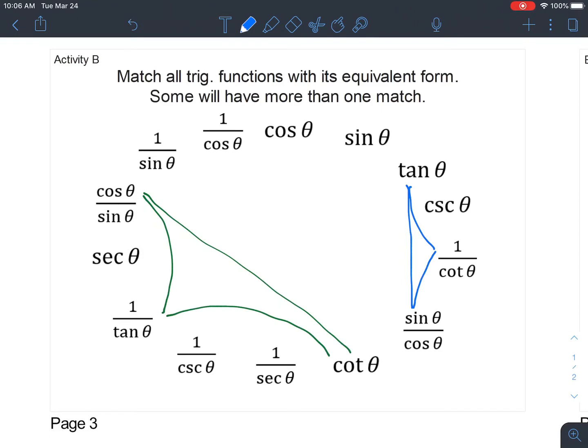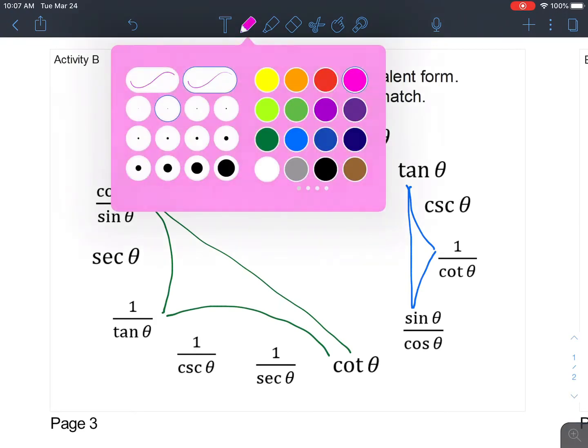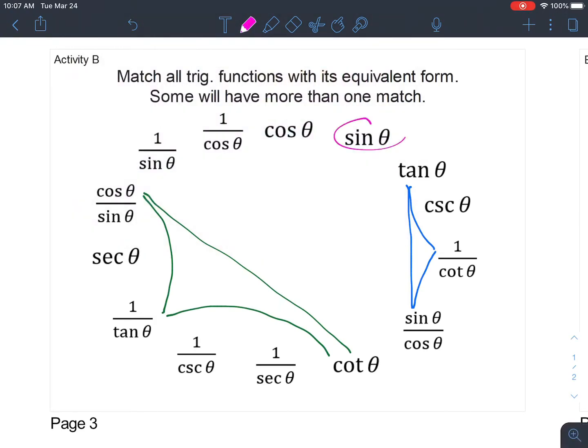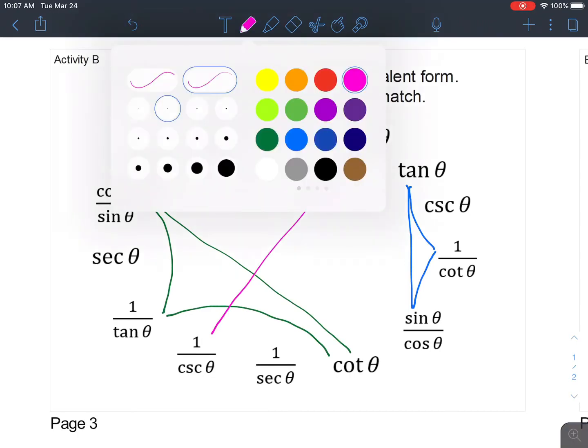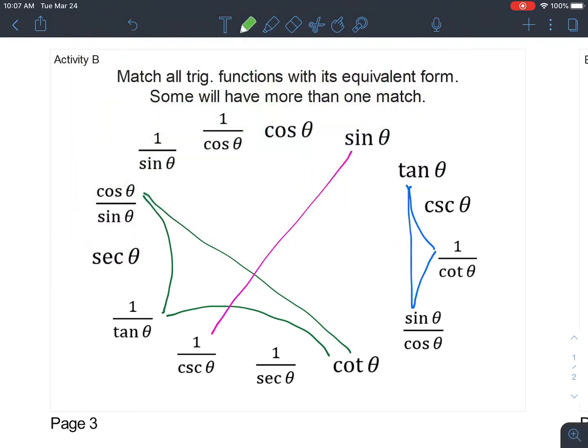Then for the rest of these, they are pretty similar to what we had on the last slide, except instead of having you match, for example, sine with cosecant, I wanted you to see, if I choose a different color here, that sine was actually going to go with the same thing as 1 over cosecant. Those are equal to each other. And likewise, choosing another color, cosecant is going to be 1 over sine.